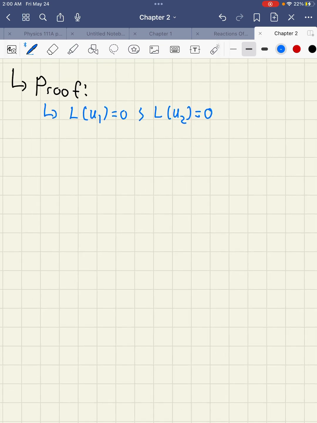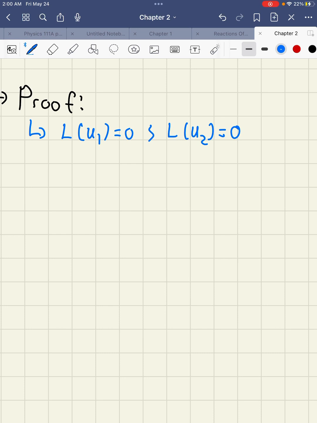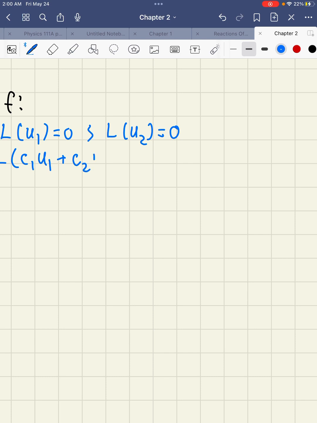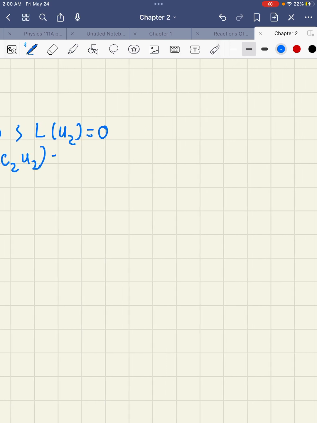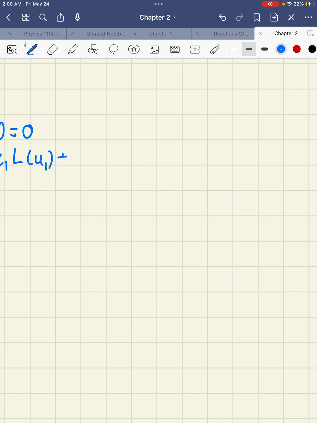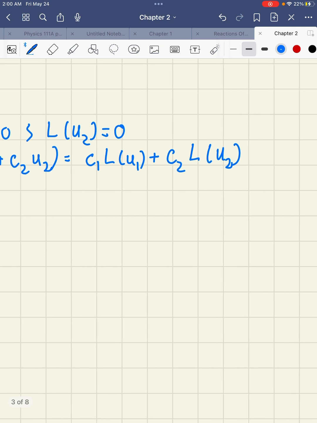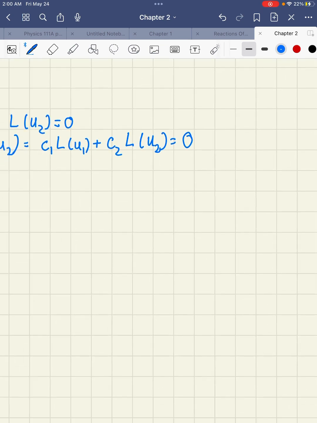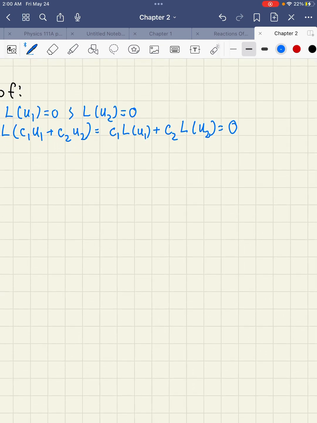Then I use the general definition of linearity to check a constant times u1 plus an arbitrary constant times u2. Now applying linearity, c1 times L of u1 plus c2 times the linear operator applied to u2. Since L of u1 and L of u2 are equal to 0, it is 0 plus 0, which is also equal to 0. So this is the simple proof.